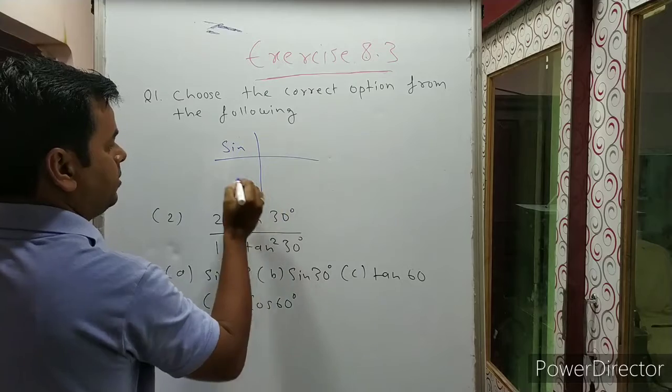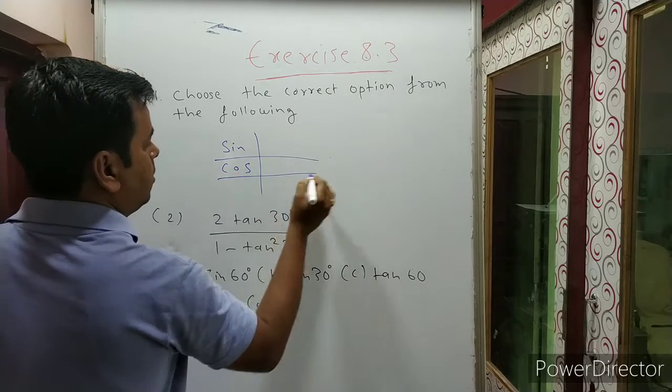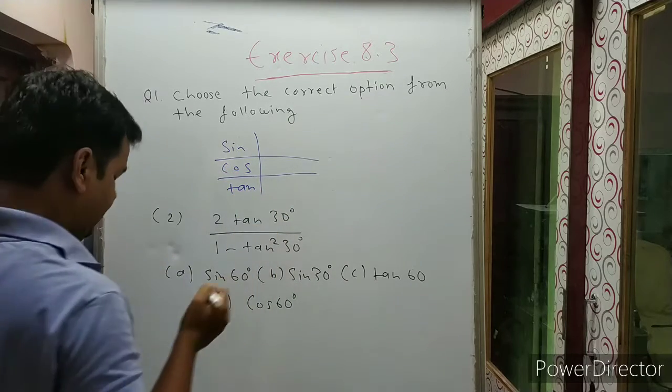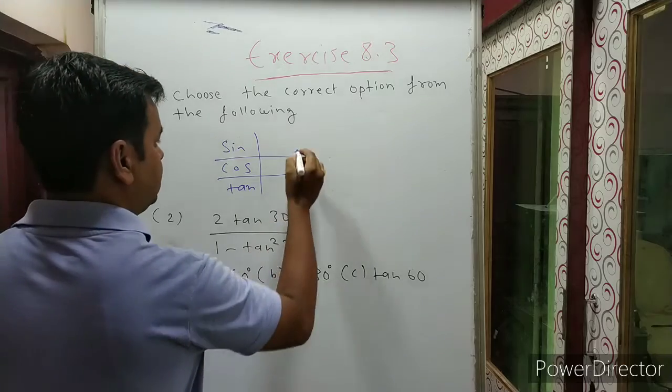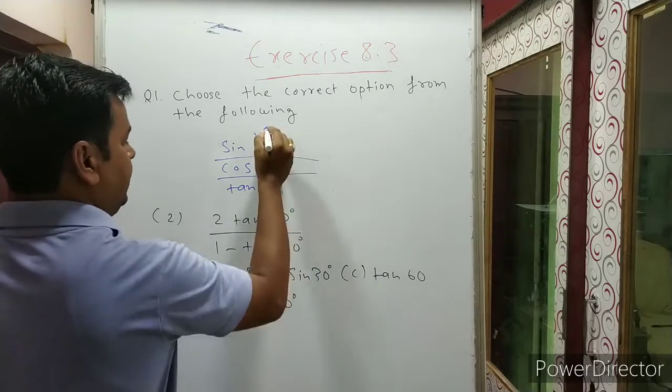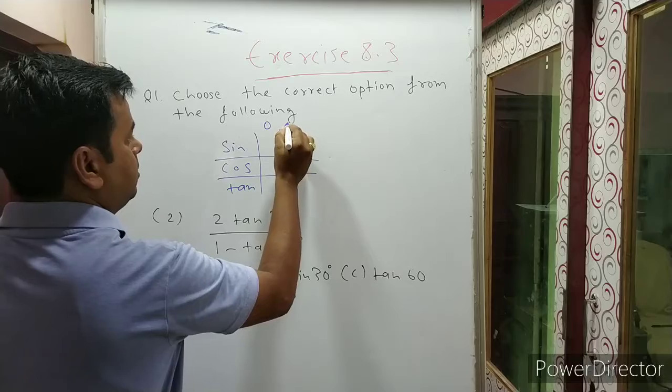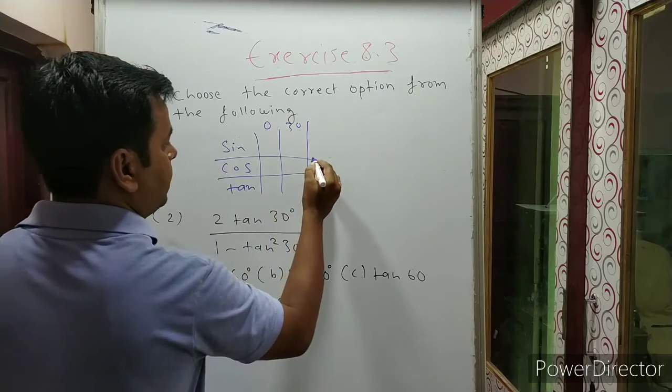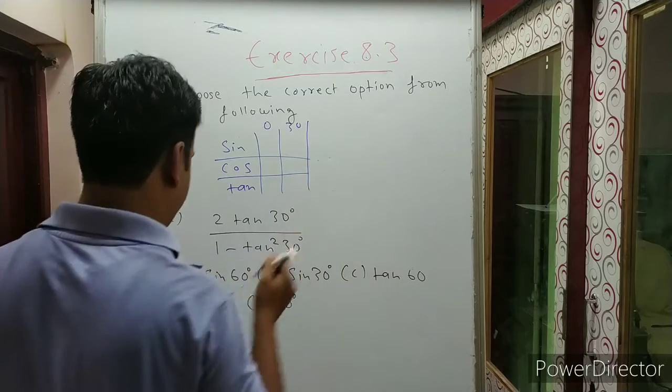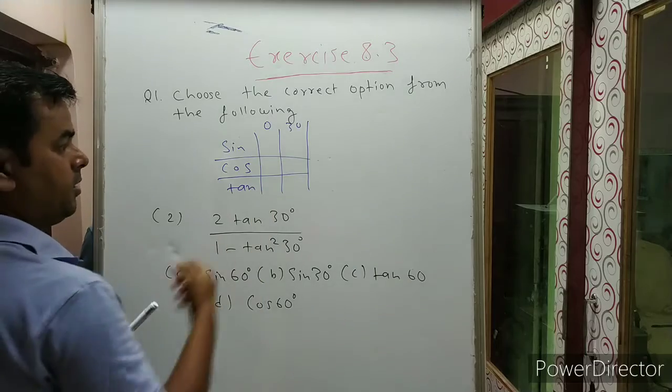For that, we need to find first sine, cos and then tan, because tan is sine upon cos. So the values for 30 we need. We will not write any other thing as of now because we do not require it right now.